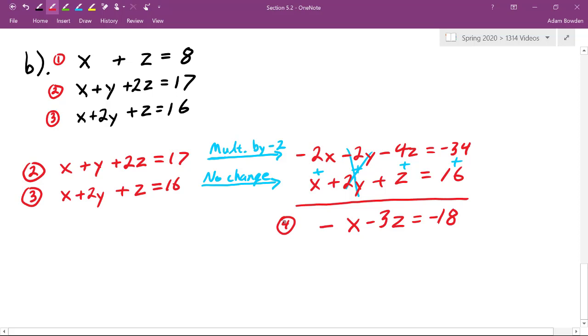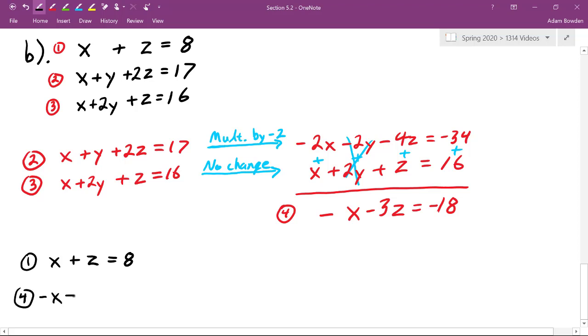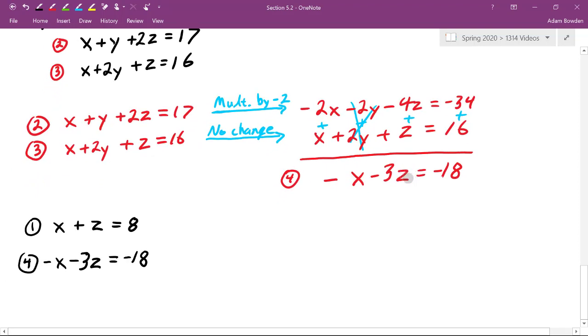So now we can take the first equation and this equation and put those two together in order to continue to solve. Since they both only have x and z involved, we can go ahead and cancel out either the x or the z depending on how they look. And looking at them as they stand already, it looks like x is already good to go to cancel out.